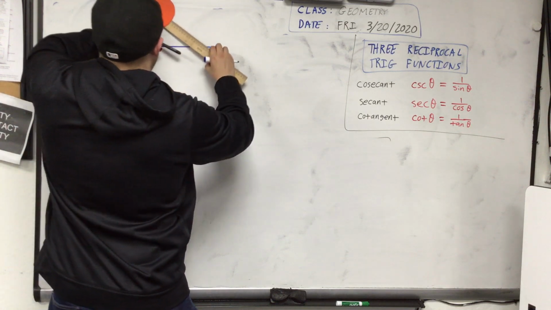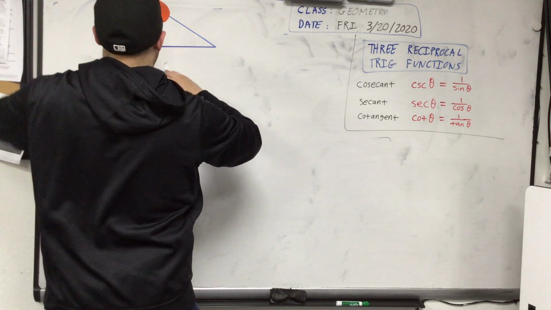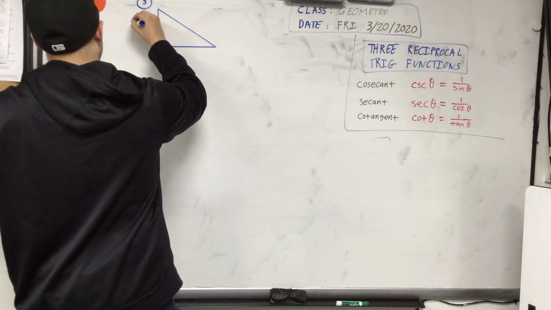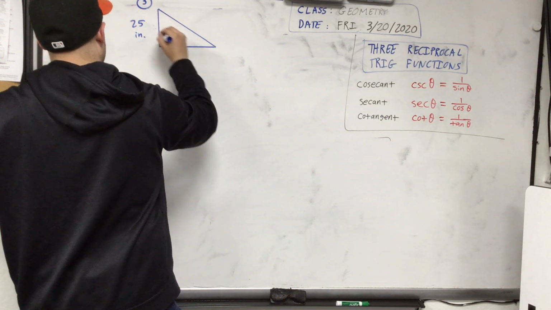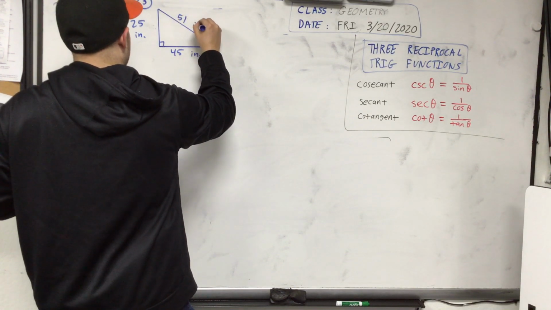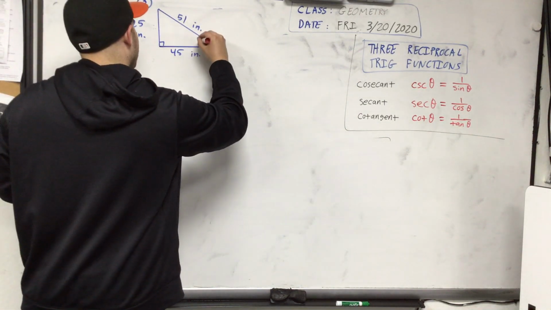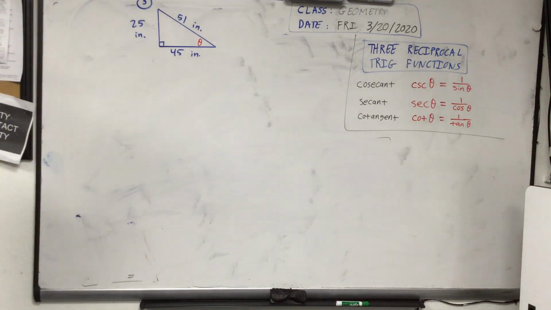Sorry if it's not drawn to scale. Right, and let's put angle theta right here. Find sine, cosine, tangent, cosecant, secant, and cotangent for that triangle.